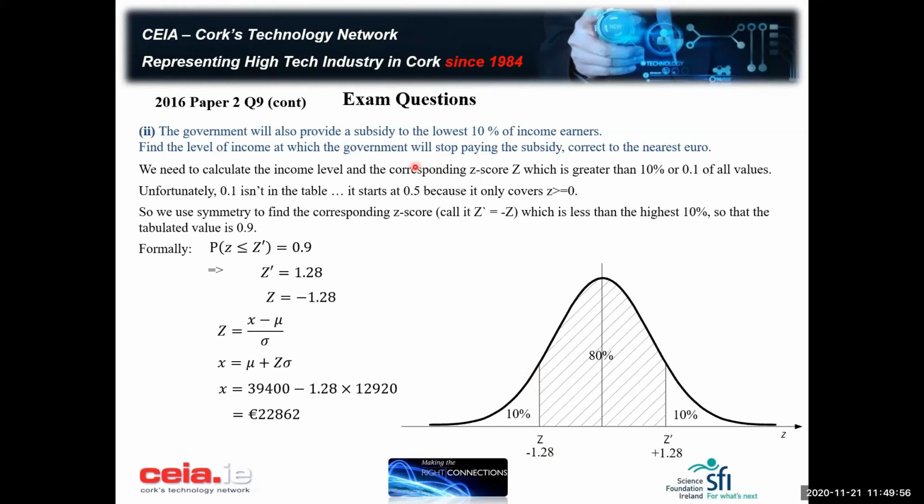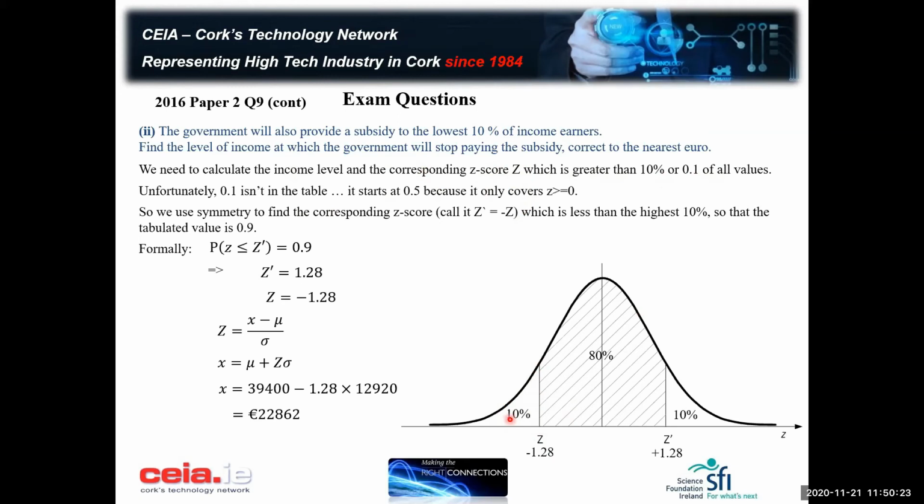So we're going to need to work in z-scores again to work this out, and work from the z-score back to a salary. Right, so we want a z-score which is greater than 10%, or greater than 0.1. And of course, that isn't shown on the table.